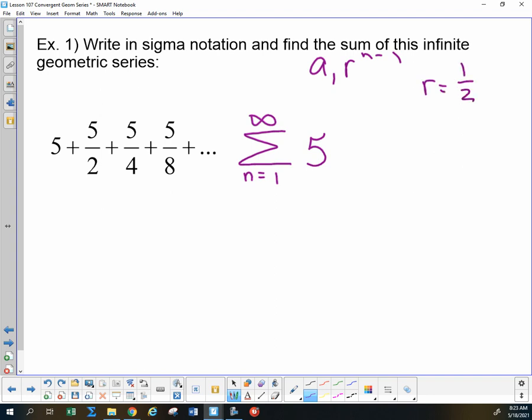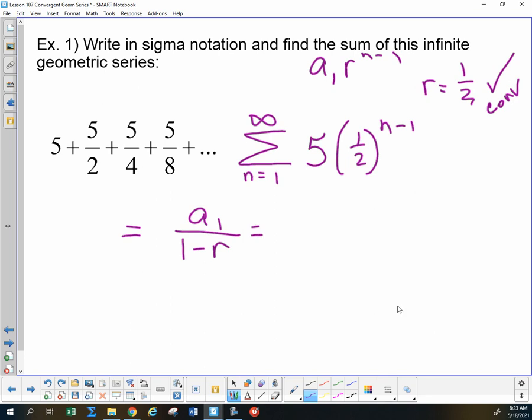Is that between -1 and 1? So it is going to be convergent. So my formula is a1 r to the n minus 1. To get my sum, it needs to be a1 over 1 minus r. So it needs to be 5 over 1 minus a half. 5 over a half is 10. See how easy that one was?